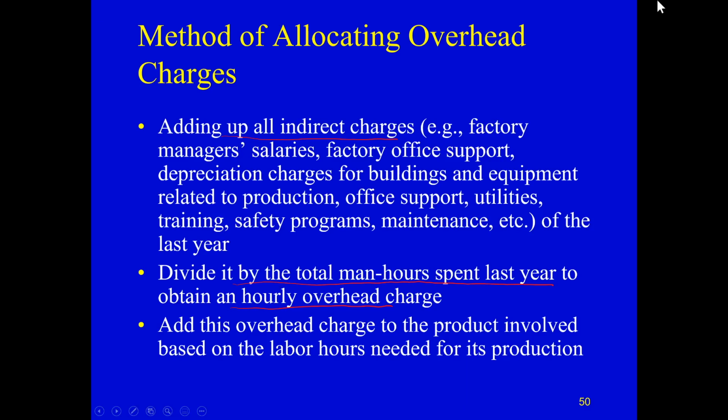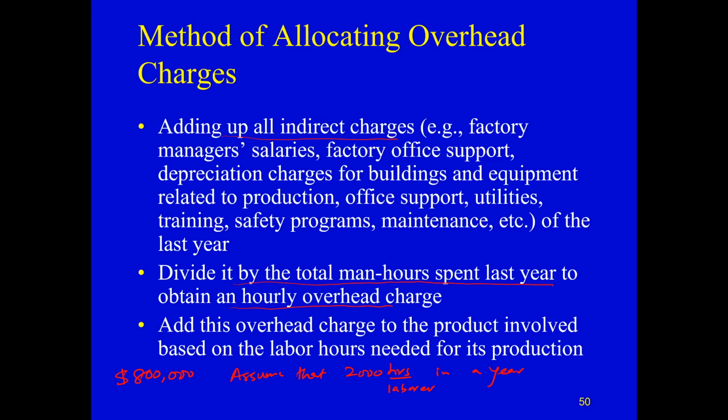For example, let's say $800,000 were overhead charges, and assume that 2000 hours per laborer were worked in a year.